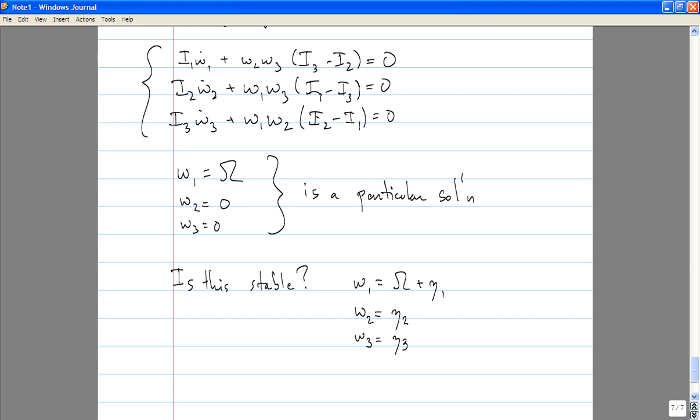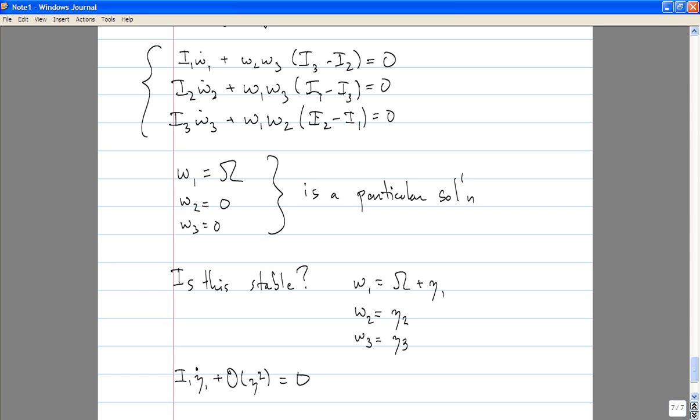So that first equation says that I1 times eta 1 dot plus omega 2 omega 3 times I3 minus I2 is equal to 0. But omega 2 times omega 3 is quadratic in the small perturbation. So if we're only looking at the linearized equations of motion, then that first equation of motion says that eta 1 dot is equal to 0.